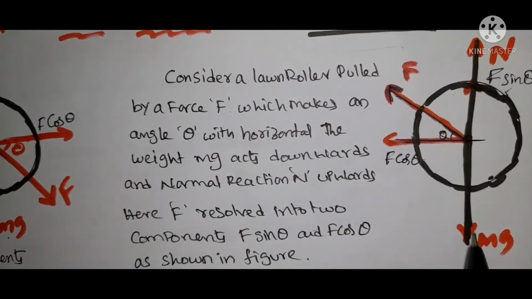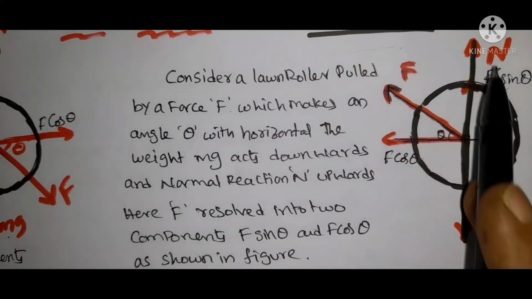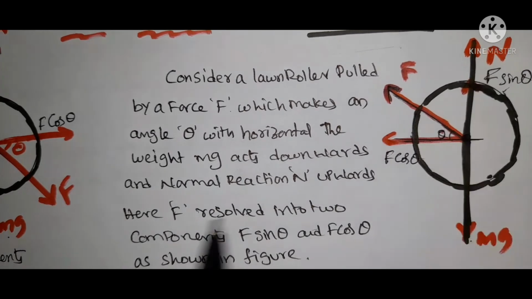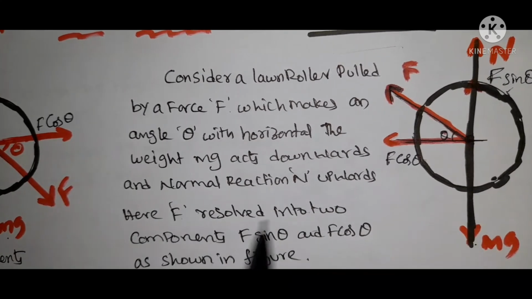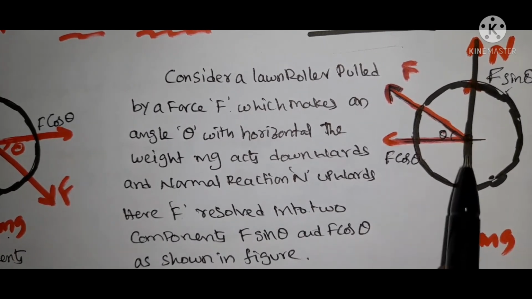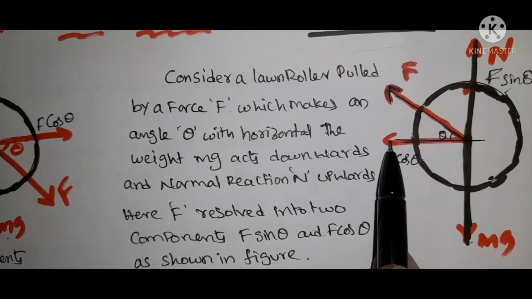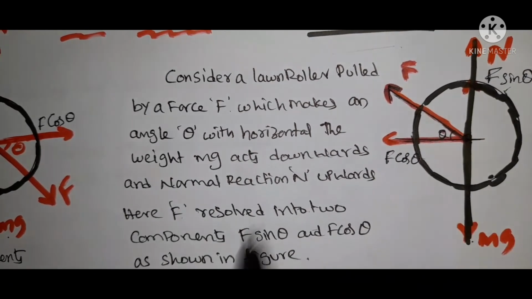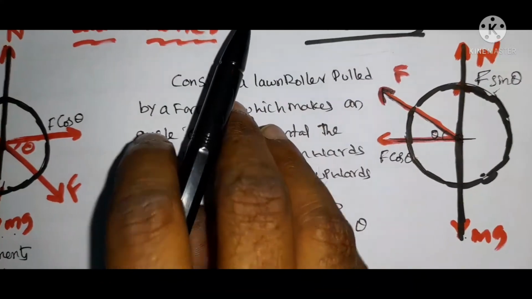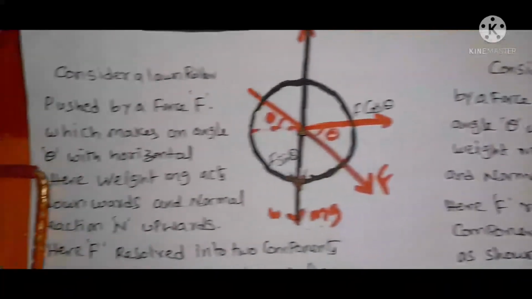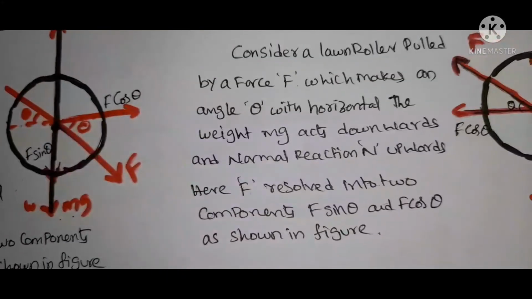Again, it can be resolved into two components: a horizontal component F cos theta and a vertical component F sin theta. Weight mg acts downward and normal reaction N upward. The matter is the same for pulling and pushing up to this point.